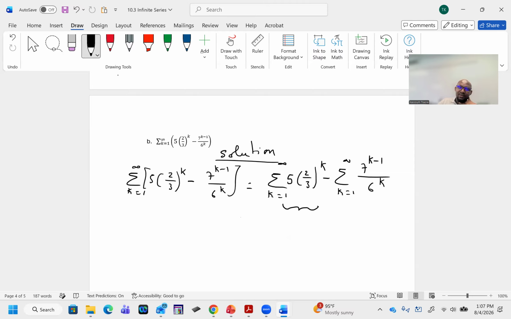So if I take the first series, which is the sum from k equals 1 to infinity of 5 times 2/3 to the power of k, we can see the first term is 5 times 2/3 plus 5 times 2/3 squared plus, right?